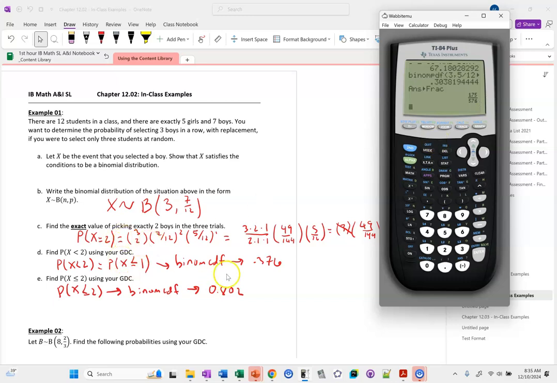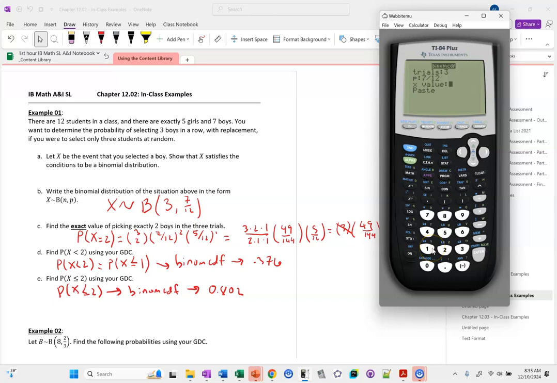Okay. And if I did part D, again this time I'll do binomial CDF. Still 3 trials, success still 5 out of 12. Oh, I'm sorry, 7 out of 12. Yikes. I guess that previous value is probably wrong.